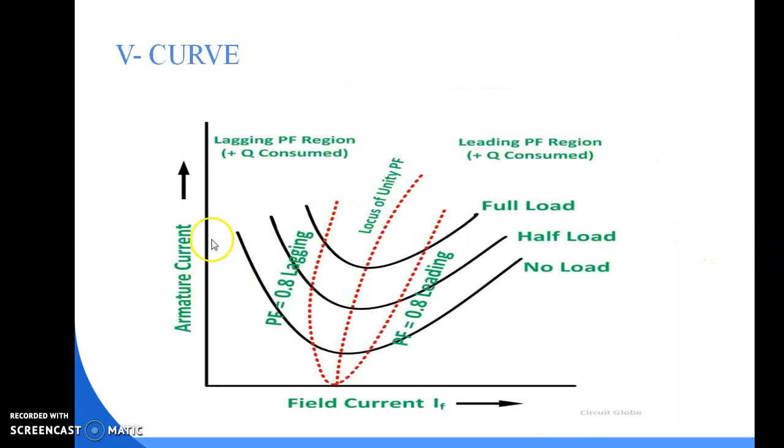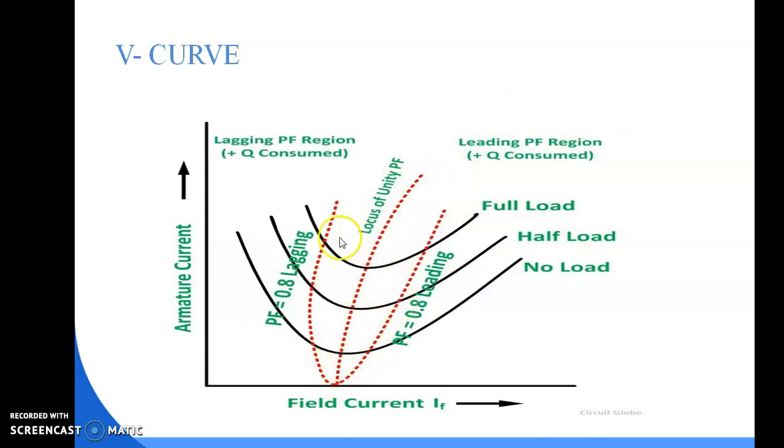We can see here, in the x-axis we have taken field current IF, in the y-axis we have taken armature current IA, and for different armature current values, we will get different field current values. So, this is the region for lagging power factor, this is the region for leading power factor, and this is the locus for unity power factor.